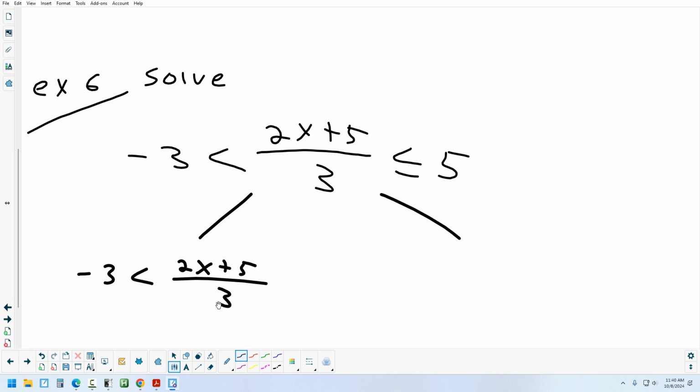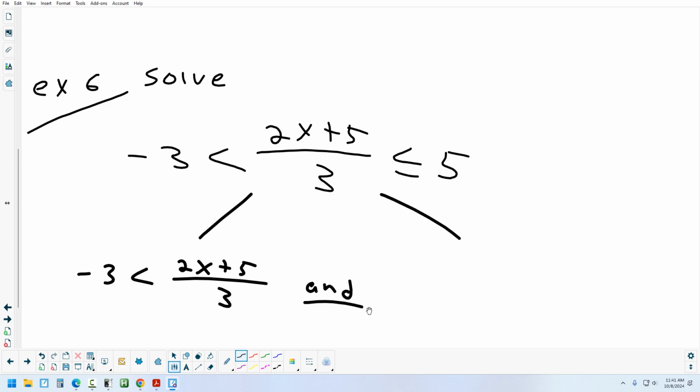Perfect. So that's my first one. Remember, when you have a conjunction, which is what that is, it's always the word and. When we deal with absolute value inequalities, that's not true. It could be an and, it also could be an or, and you can't mix them up. But I'm going to show you how to not mix them up. Okay, so there's your first one.